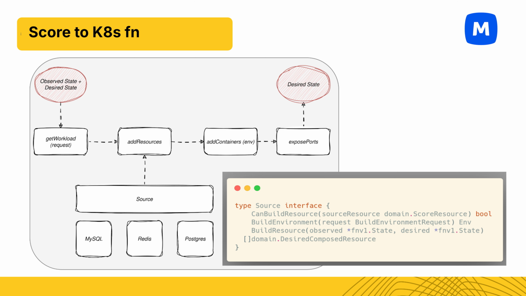But each one will have to respect this interface. So it will have to be able to build an environment, and it will be able to create a list of desired resources based on the current state and the desired state. On this current state, we'll have this workload as well. On the desired state, it's essentially what was already created. Because remember, this always has to be cumulative over time.